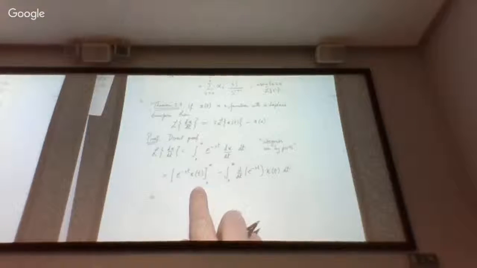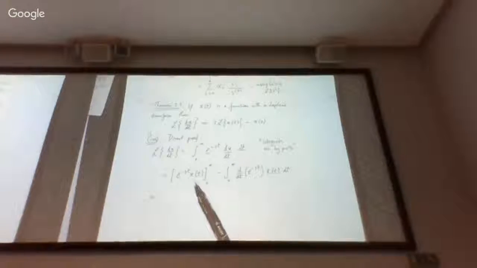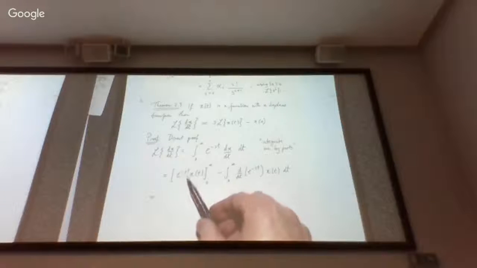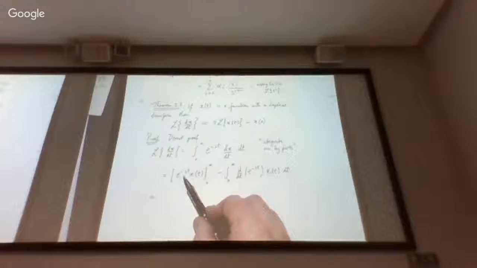Now what happens up here? Well, you see we're assuming that x has a Laplace transform. So that means, as we discussed before Christmas, that the function x is going to be eventually dominated by the behavior of the exponential. See, this exponential, e to the minus st, is going to converge to 0 quite fast, as long as the real part of s is bigger than 0. Assume it is.